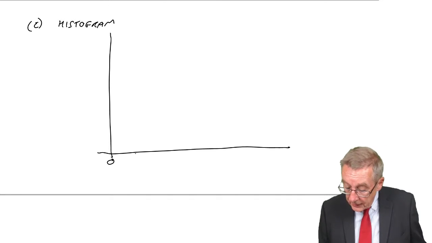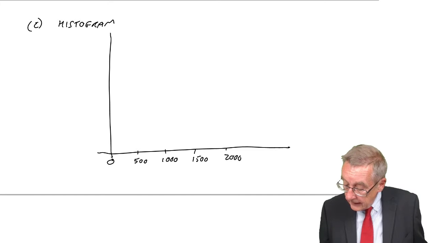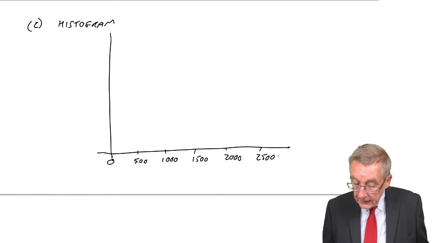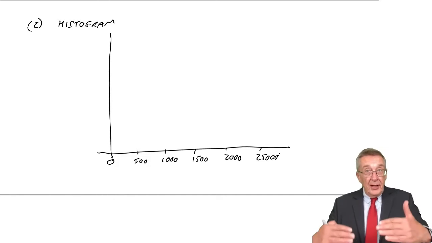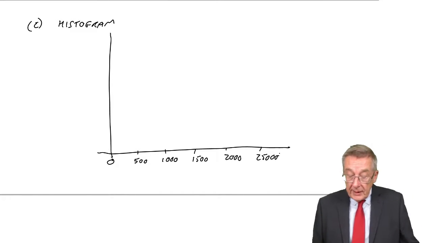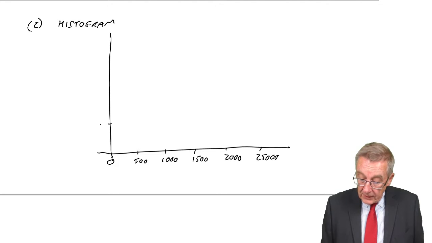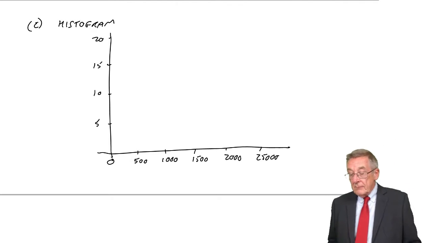So it was 0 to 500 to 1,000 to 1,500 to 2,000 to 2,500. And we do bars again, this time they're vertical instead of horizontal, and the height of the bars will depend on the frequency. So 5, 10, 15, 20.